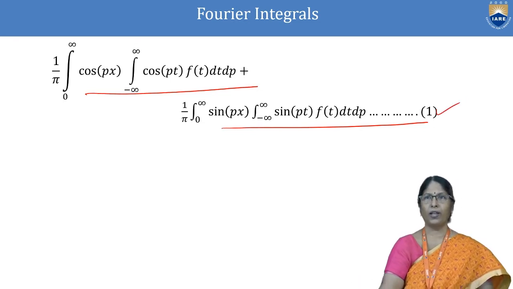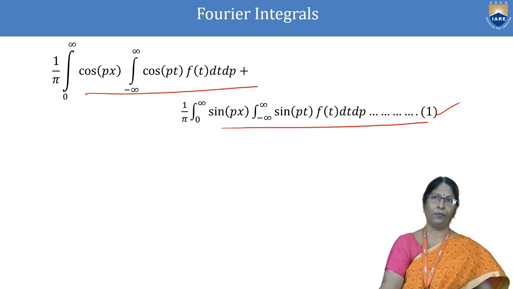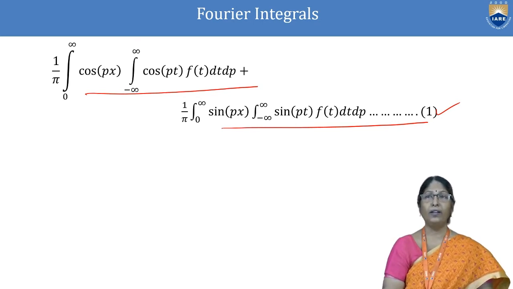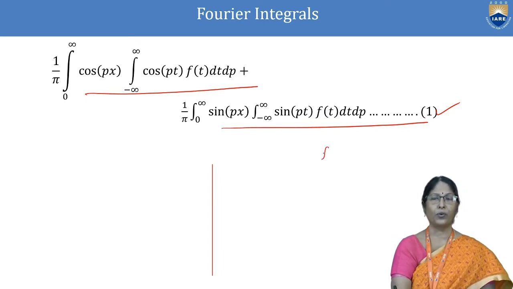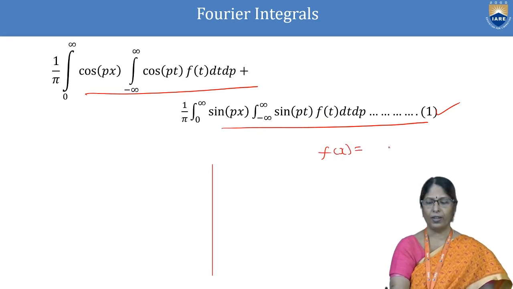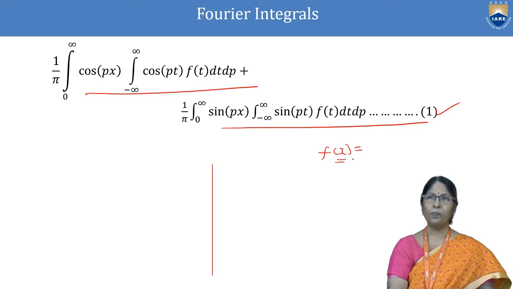From this formula, we are going to derive the Fourier sine integral formula. For that, we are going to check whether the functions are even or odd. To check whether the given function is odd or even, this is the basic rule: take f of x equal to some function and replace x by minus x.